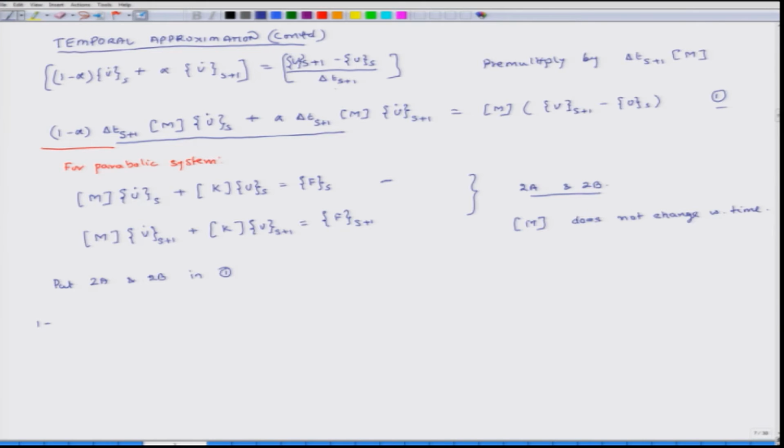So we put 2a and 2b in 1, and what we get is 1 minus alpha times delta t s plus 1. First I will have the force F minus K U, and this should be at time step s, and here I have time step s plus 1.